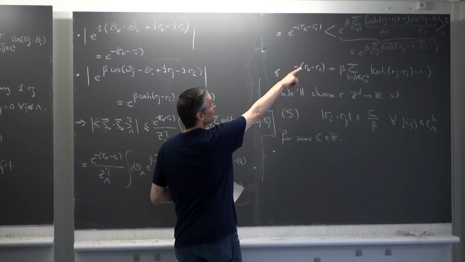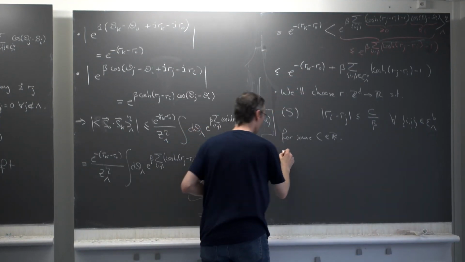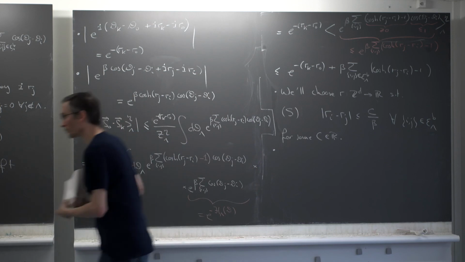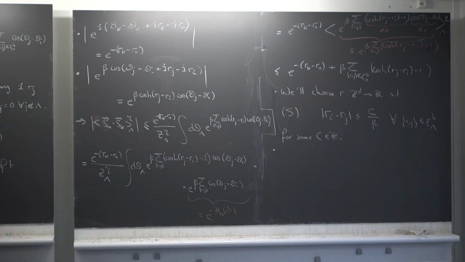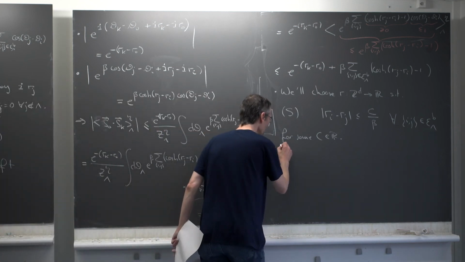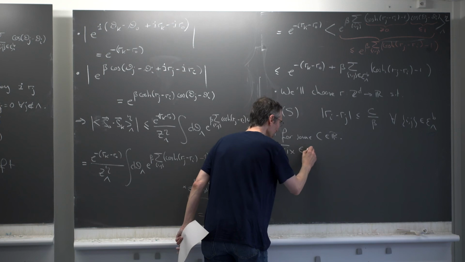Then I can simplify my cosh as follows. I want to use the same notations as here. So let's fix some epsilon positive. Remember that there was some epsilon in the statement.